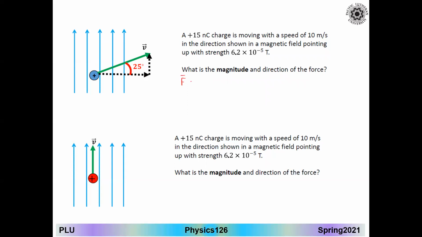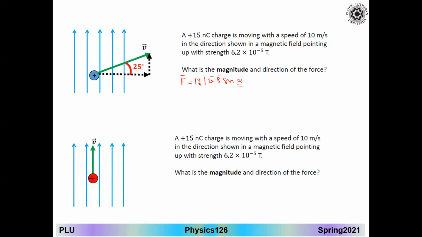The force equals Q times velocity times B, and this should be sine alpha. The only thing you have to identify is where alpha is. Alpha is the angle between the velocity and the magnetic field.